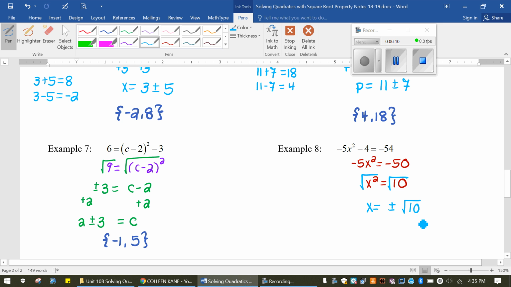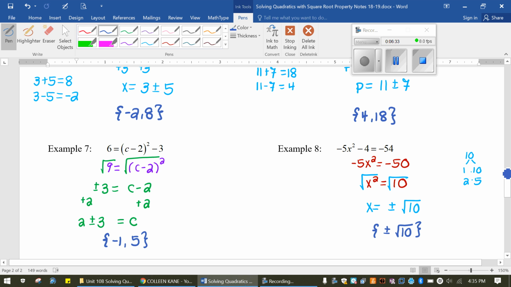And then if it was possible for us to break this down with any perfect square factors, we would. But the only factors of 10 that we have are 1 and 10 and 2 and 5, and we aren't getting any perfect squares there. So we're going to leave this alone in this form, because this is as simplified as it could get, and put it in solution set.